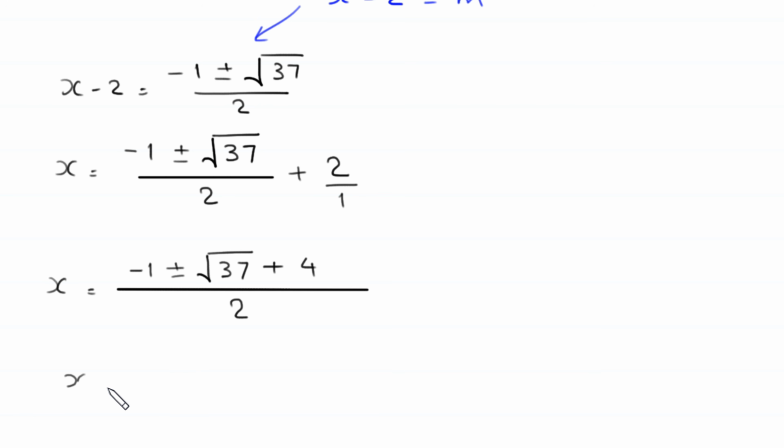Next, x is equal to, this -1 plus 4 will become 3 plus minus root 37 over 2. This is the first and second value of x.